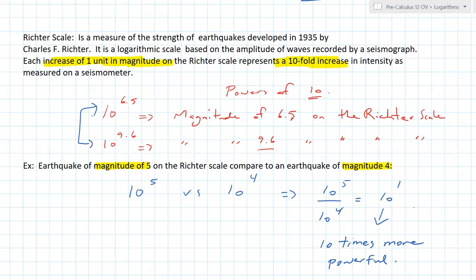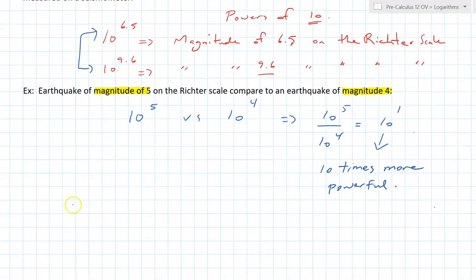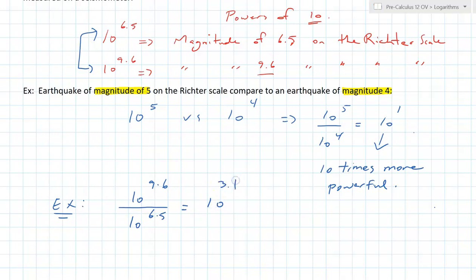So if you want to compare these two earthquakes, one 9.6, the other one 6.5, and know how much more powerful 9.6 was in comparison to 6.5, you divide 10 to the power of 9.6 by 10 to the power of 6.5. The difference between the two is 3.1. So you take out your calculator and punch that in.